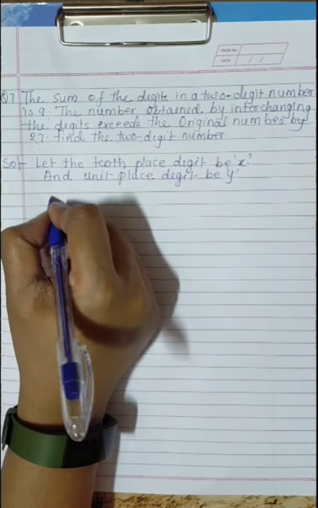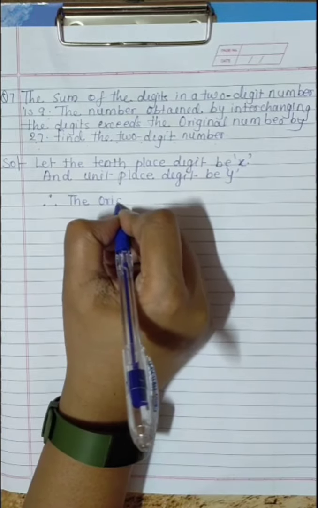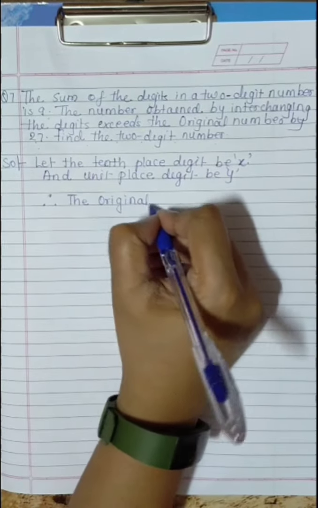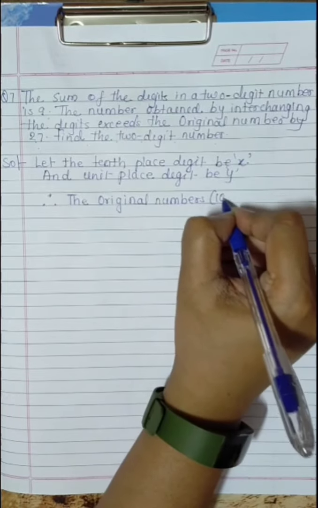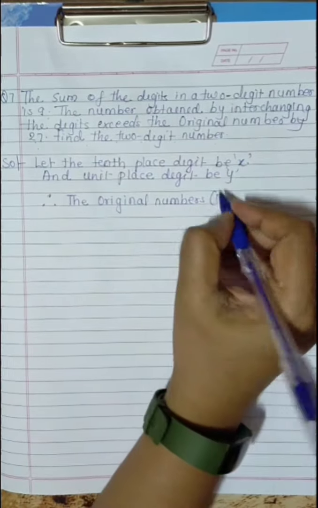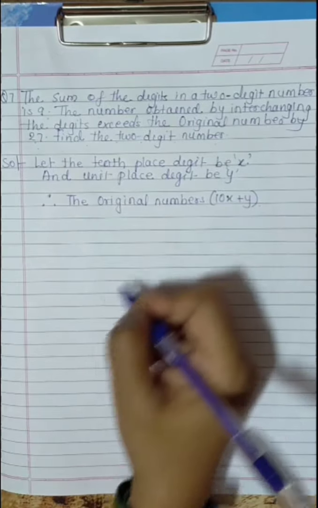We are assuming. Now what is given? Therefore the original number is 10x plus y.